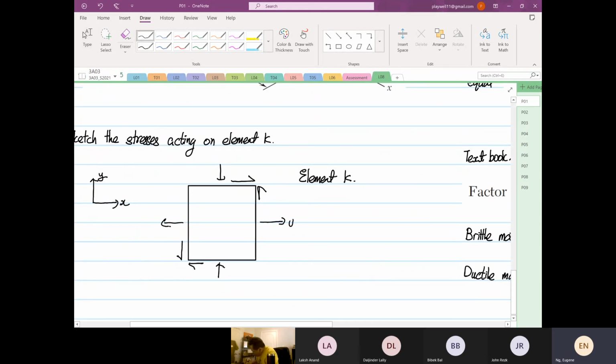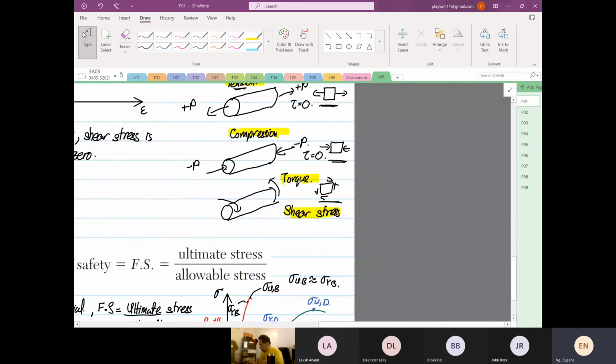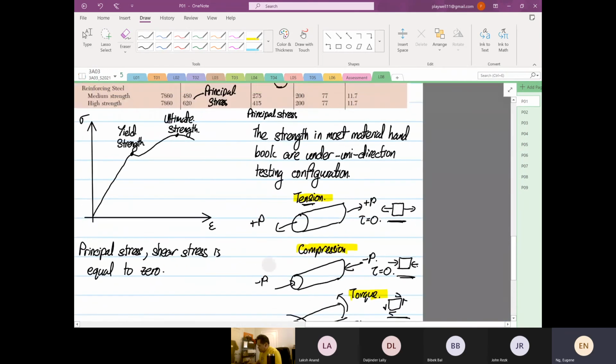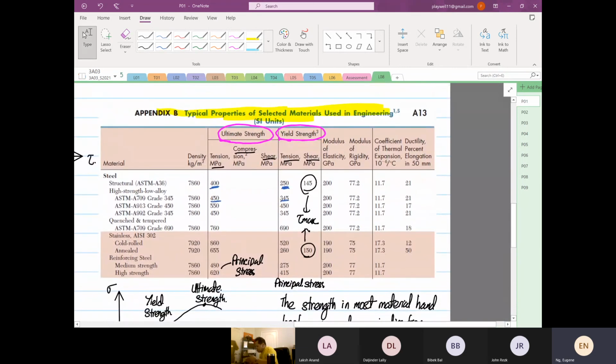You have stress X, you have stress Y, you have shear X intersecting plane in the Y direction. You have three different components, whereas down here you have one. So now the question is, how are you going to use this data? Hey, listen. This is where the value of this course comes in.